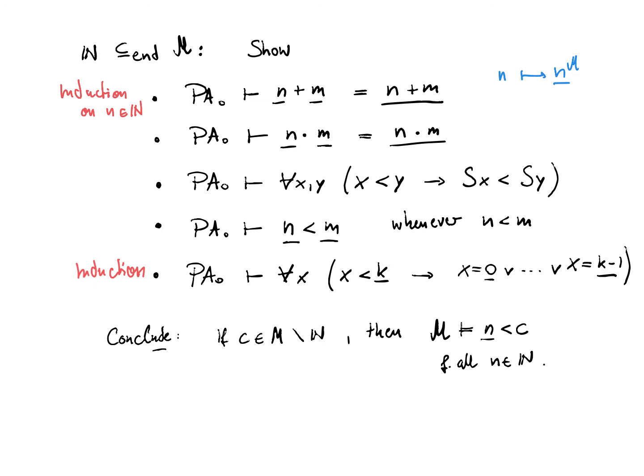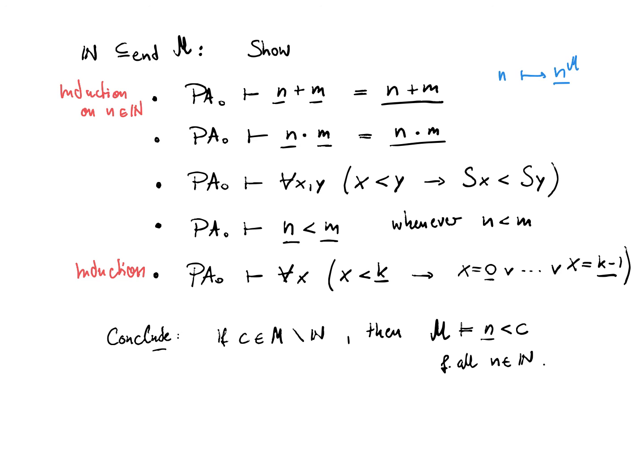And then finally you can conclude that if you have an element c of your model that is not from N, where by N we now mean the image of this embedding, so that is not coming from that, then it is actually true that c is greater than the interpretation of any constant symbol n, for any natural number n.